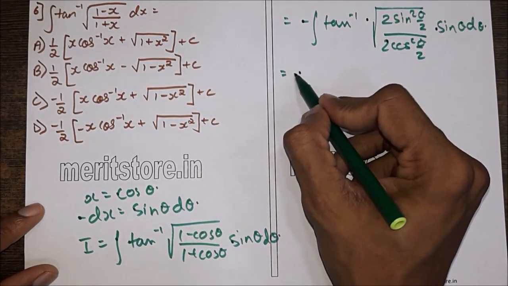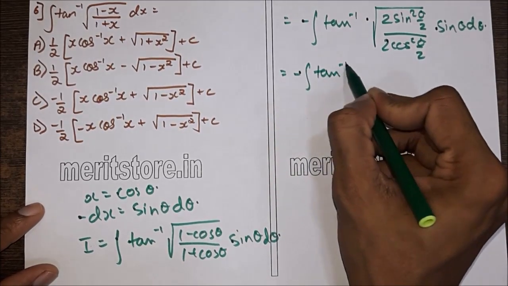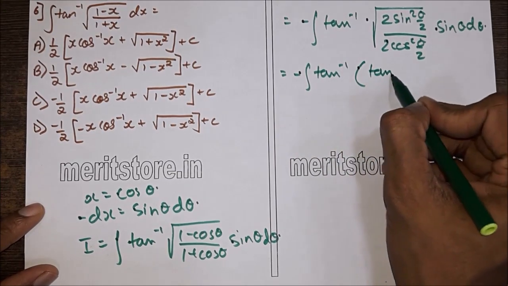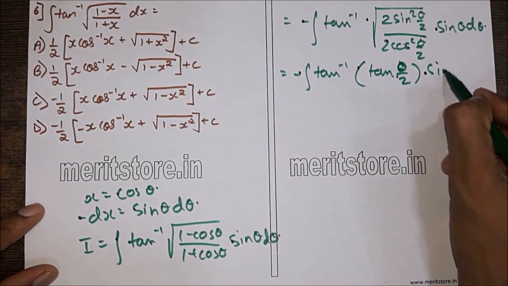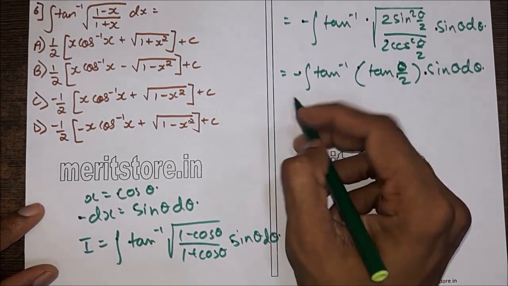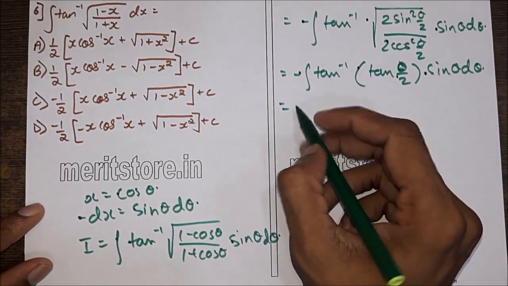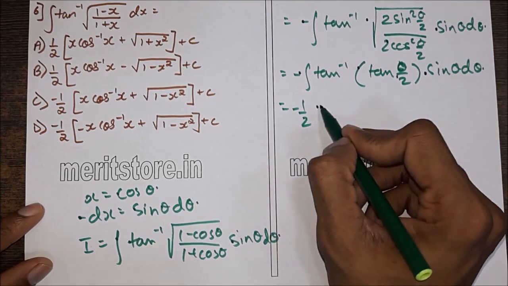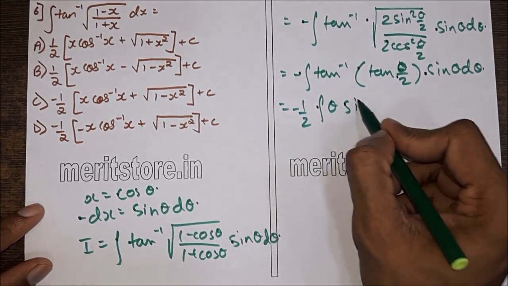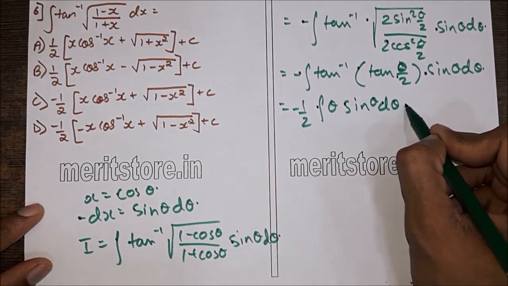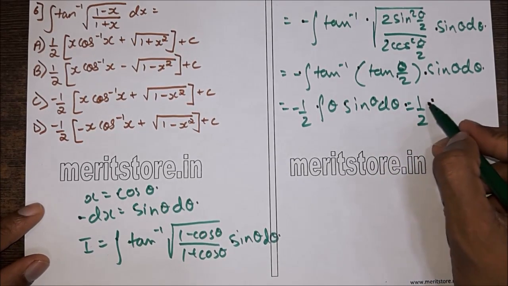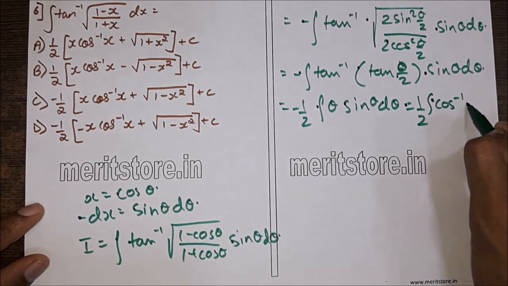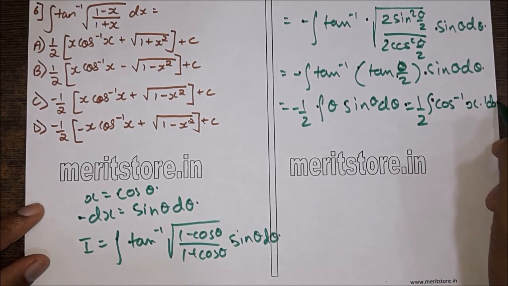For the solving, we get minus integral tan inverse tan theta by 2 into sin theta d theta. We can write this as half integral theta sin theta d theta, which is equal to half of integral cos inverse of x dx.